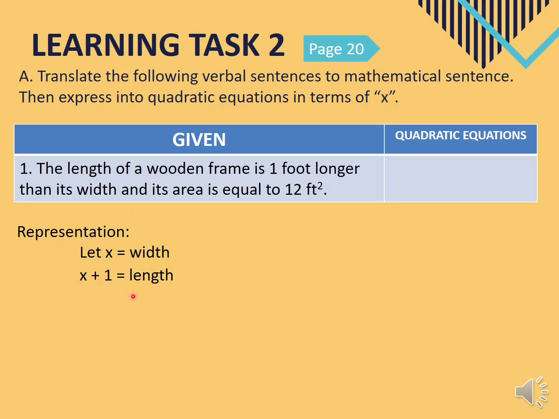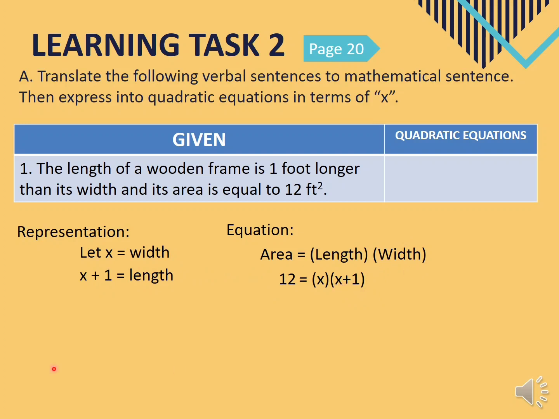And since we all know that the wooden frame is in a rectangular shape, we can have its formula, which is area is equal to length times width. Now, let us just substitute the given to form an equation. The area is 12 feet. So 12 is equal to length is x plus 1, and the width is x. Or we can say x times x plus 1.